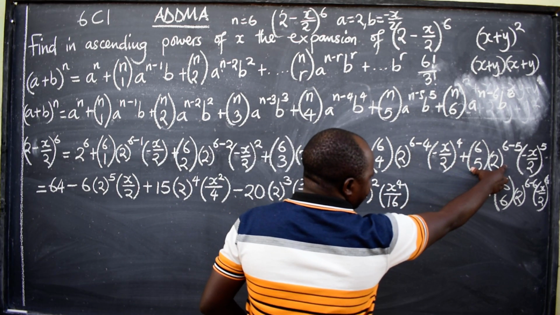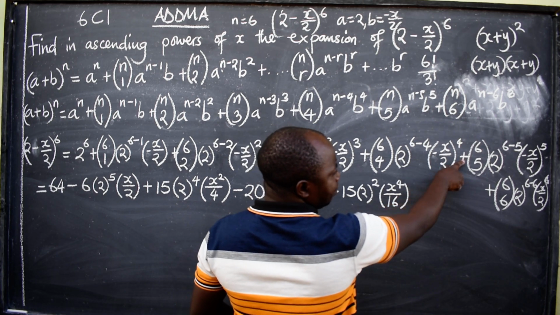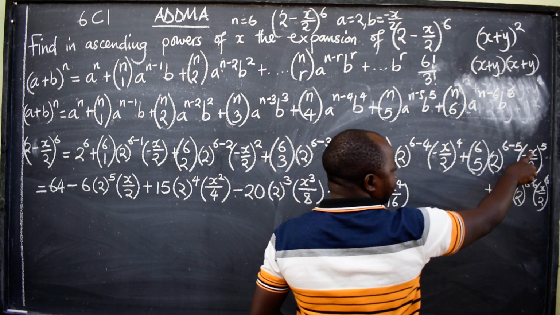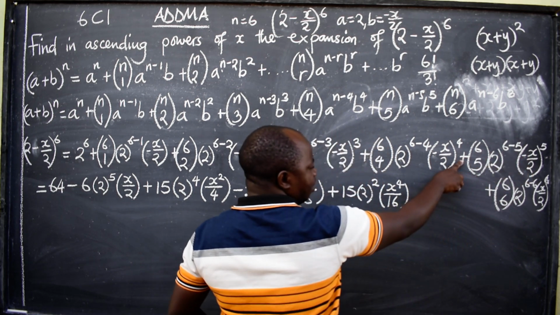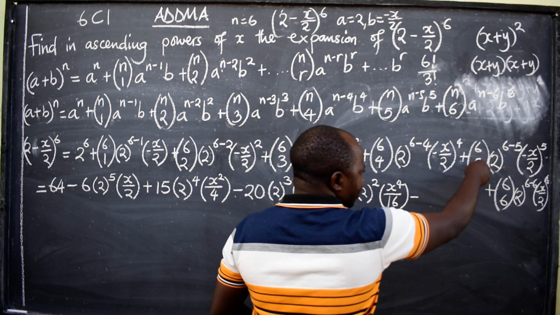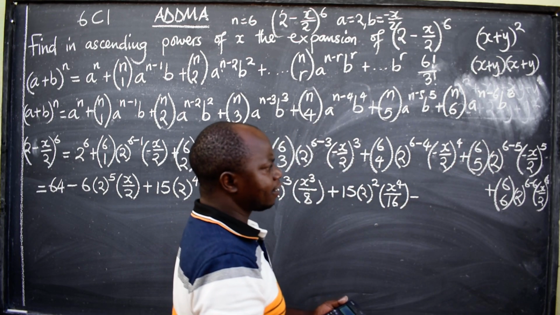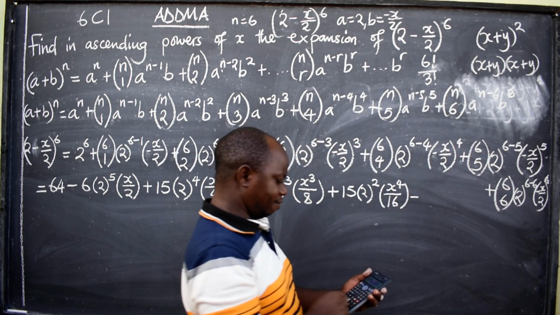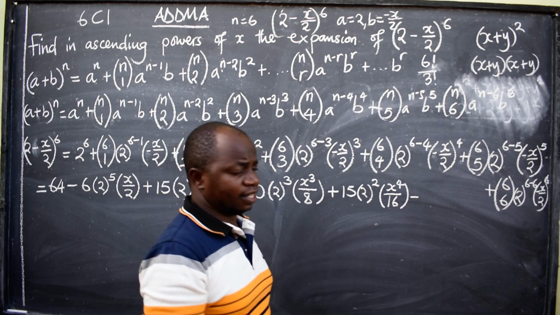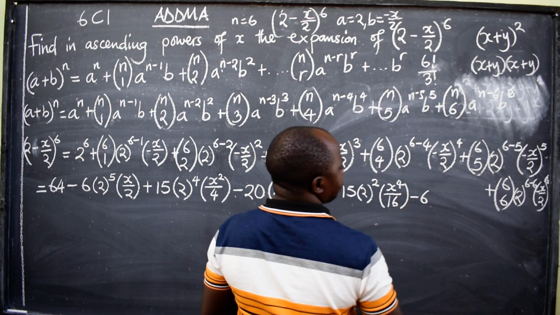We come to this one here. I have a positive here, a negative here, and it is an odd number, so it will be a negative. Negative and positive will give me negative. Then I start here. 6 combination 5. 6 combination 5 will give me 6. So it will be 6.